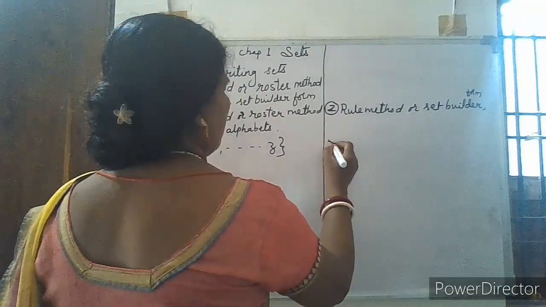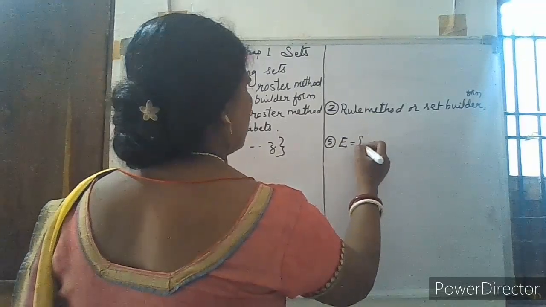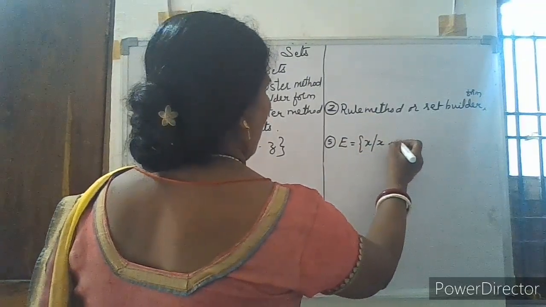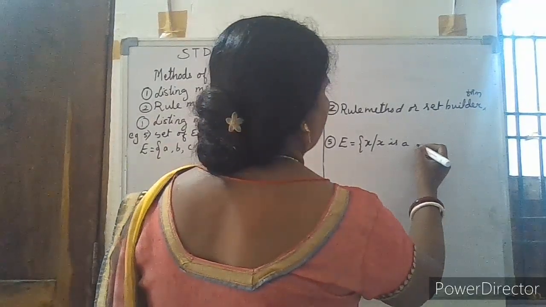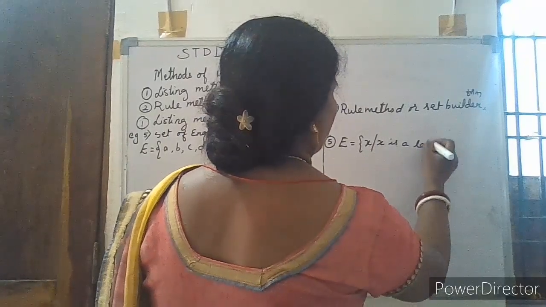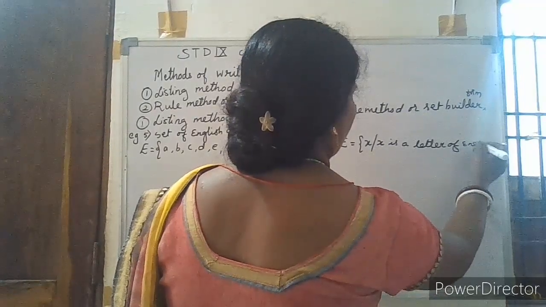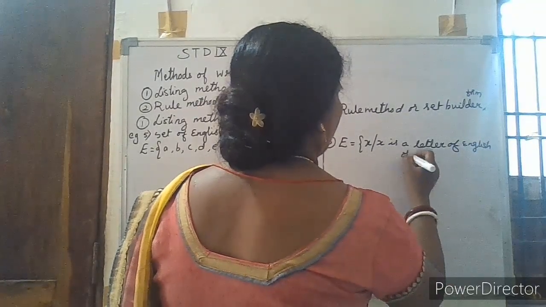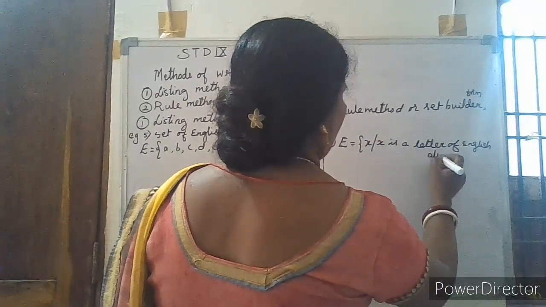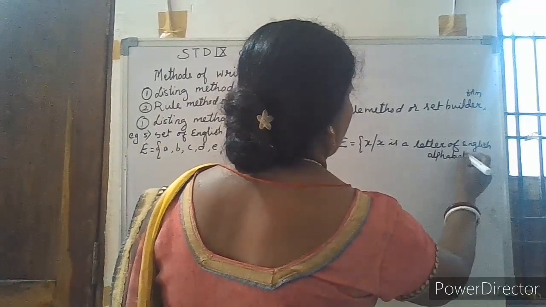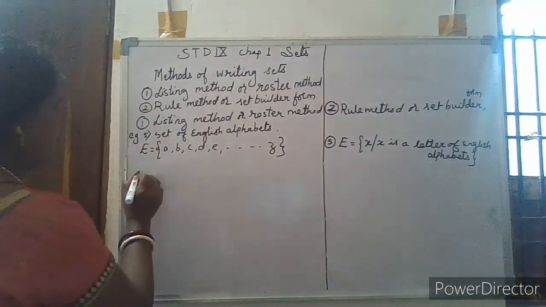The same set when we write in the set builder form: X is an element such that X is a letter of the English alphabets. You can write it in this way. Okay. Then one more example.